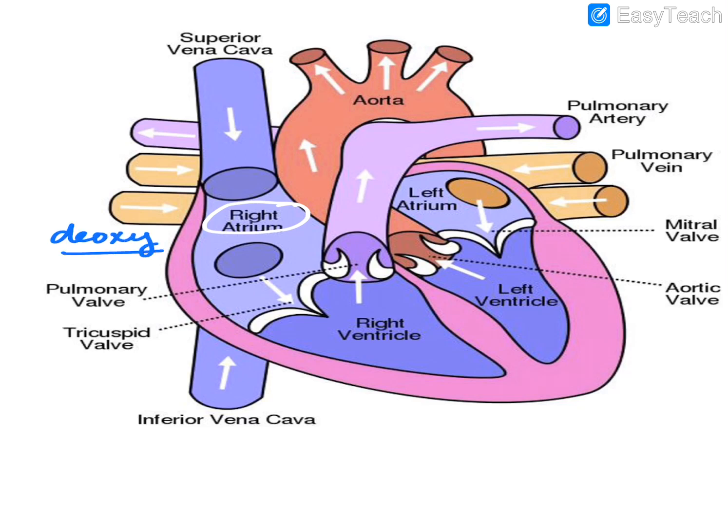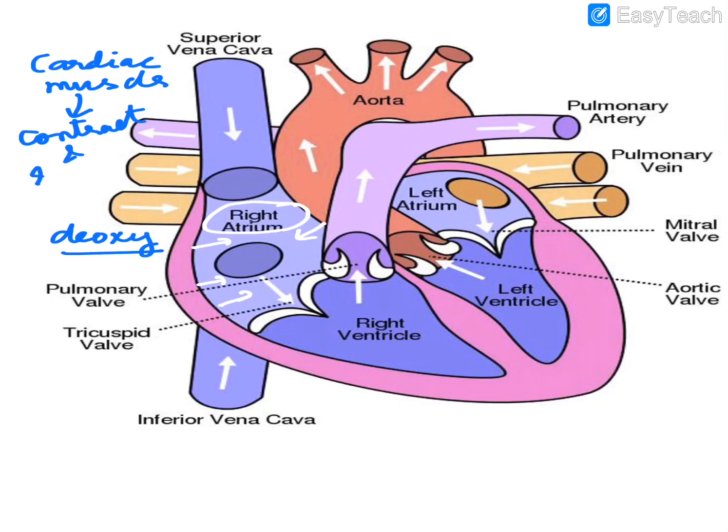Now this chamber will start contracting. We know that the heart is made up of cardiac muscles. In class 9 we studied about 3 types of muscles, and we know the heart is made up of cardiac muscles. So these muscles contract and relax, continuously: contraction, relaxation, contraction, relaxation.